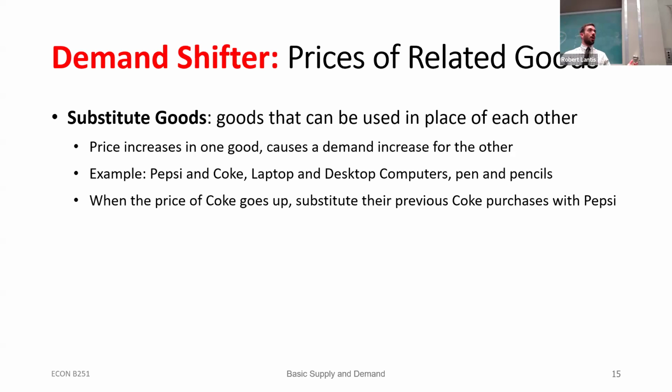It's not going to shift at all. We're just going to be moving to different points on the demand curve. So we'll be moving to a different quantity demanded for Pepsi, but the actual demand curve itself isn't going to shift.